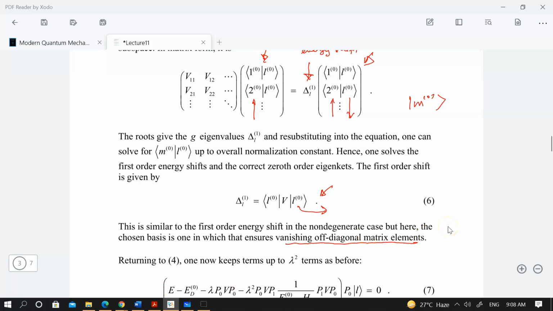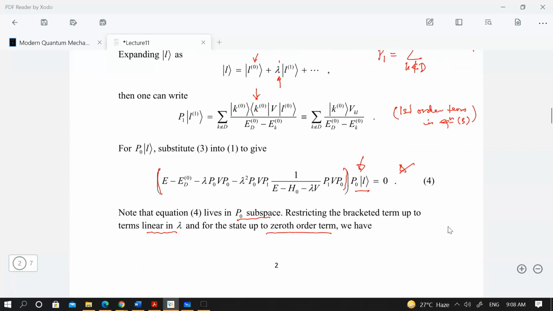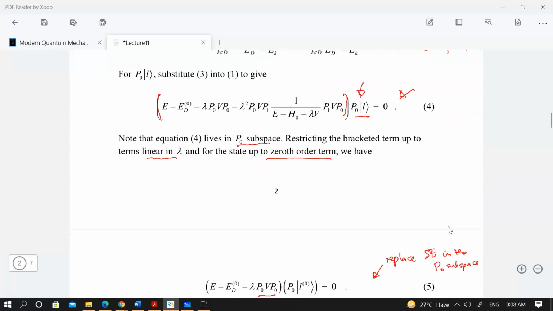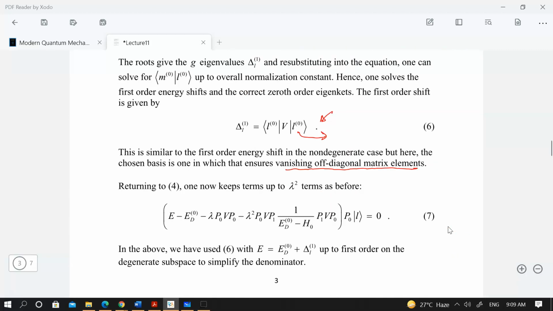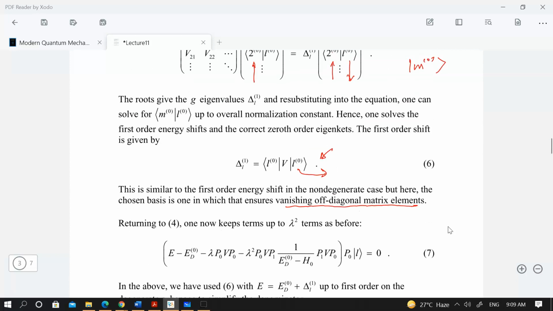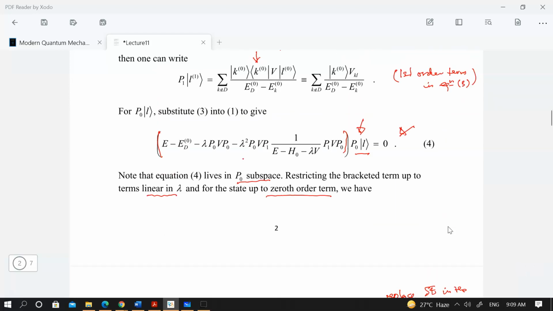So now we return to 4. Let me just recall what equation 4 is. That one. So we return to equation 4, which is in the P0 subspace, and then one keeps terms up to lambda squared from there. So you keep that term in. Just now what we did was to restrict to the linear terms, and now we keep the lambda squared term.